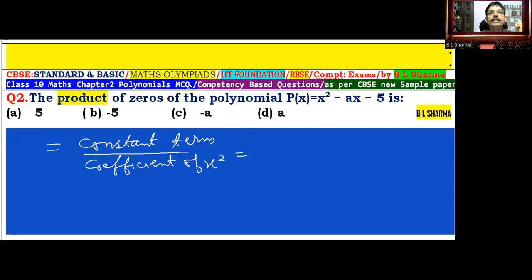Here the constant term is minus 5, and since the coefficient of x square is 1, we can write the answer: minus 5 upon 1, that is minus 5. So B is the correct option.